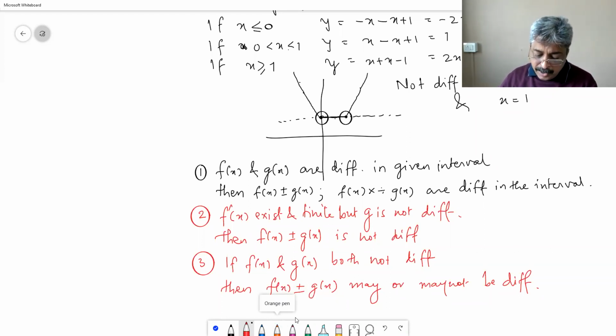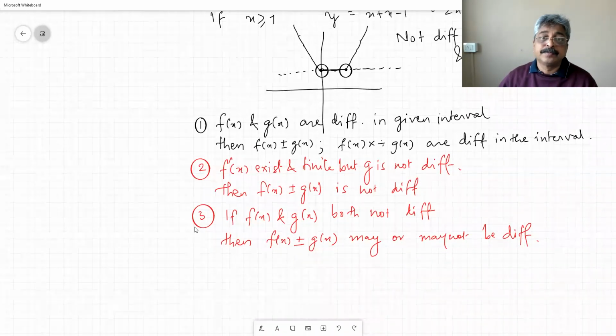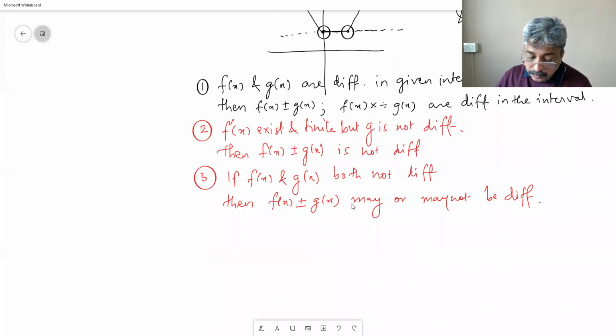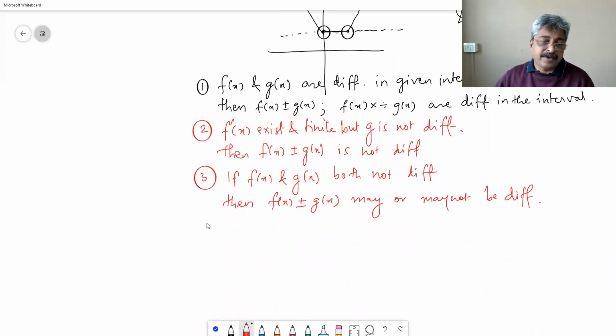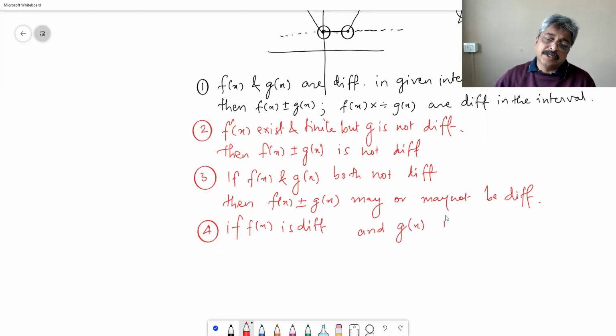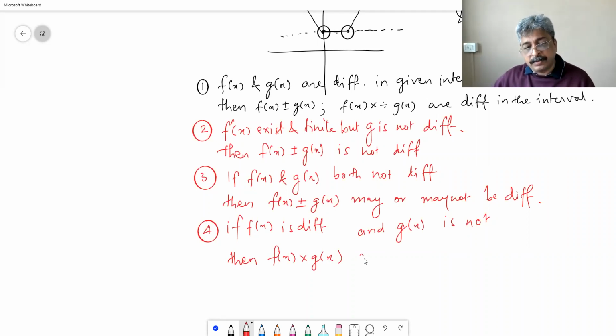Okay, and maybe the fourth case, if f of x is differentiable and g of x is not, then f of x into g of x again may or may not.